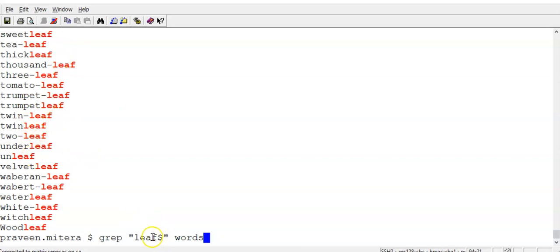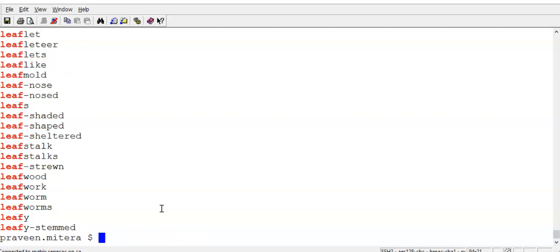And that's because we have a $ sign, which is an anchor or a tie-up to the very end of the line. We can do the same thing for the front of the line. So if I wanted to say, I don't want to worry about where it's ending, but I want the line to begin with the word leaf, the anchor to the front of the line is a caret sign, and that's found with the shift key just above the number 6 on your keyboard.